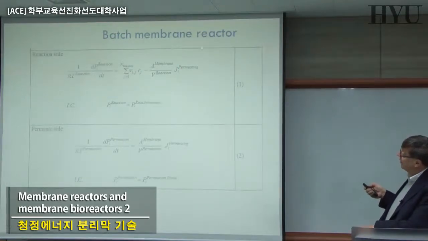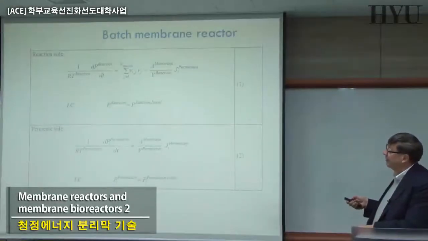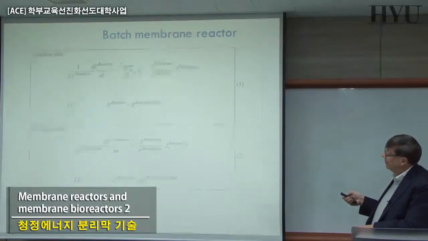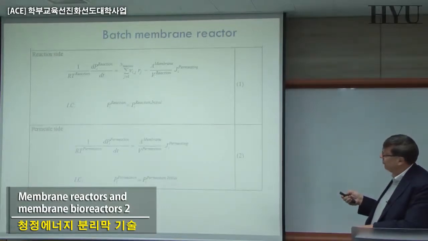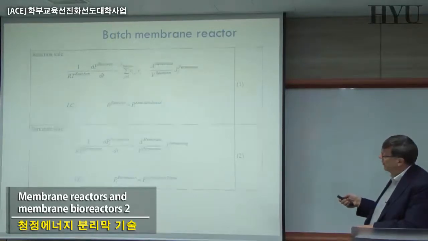So you can just write down for the batch membrane reactor, on the reaction side and on the permeate side, the expression for the change over time, which will be equal to the product of the membrane surface per reaction volume, the flux of the permeating species, plus the term with the reaction velocity for single components in the reaction volume.